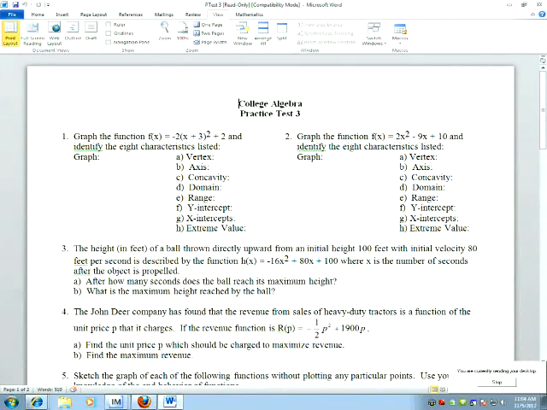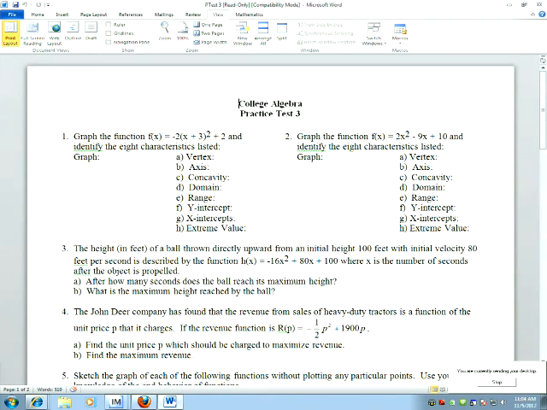Concave up would have a minimum value at the vertex. Now, for that minimum value, you give the y value of the vertex. So in number 1, y equals 2 would be the minimum value of that function. Number 2, I can't tell what the y value of the vertex is without using -b/2a, so I'm not going to do that.